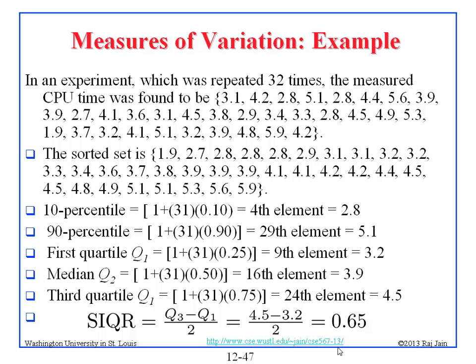But if I give you something else which has a SIQR of 0.7, then 0.65 is better. So this is basically a measure of variation. The lower variation is better. More reliable, more believable, and so on and so forth, right? So all of these measures of variation are good if they are low.